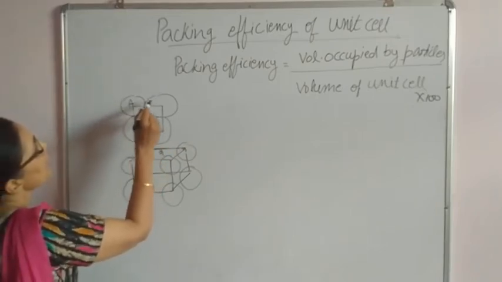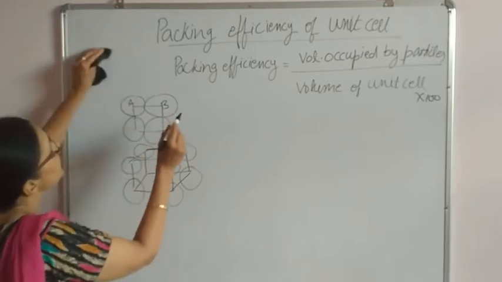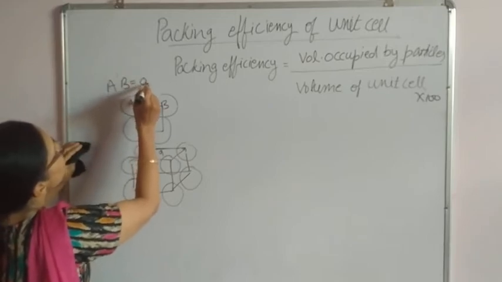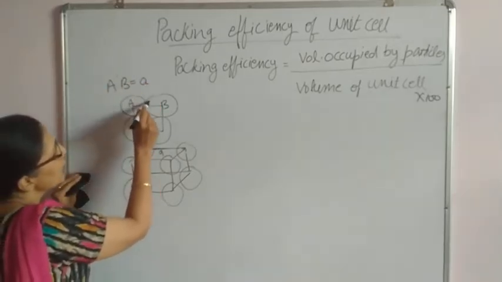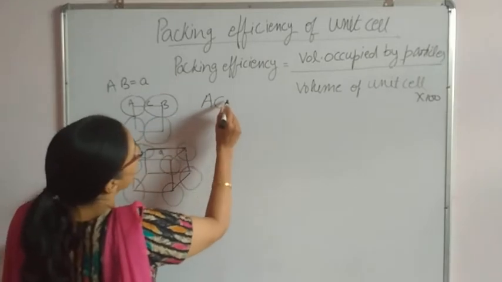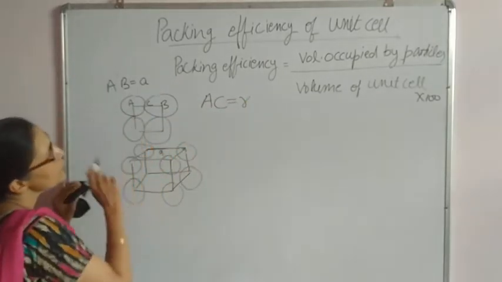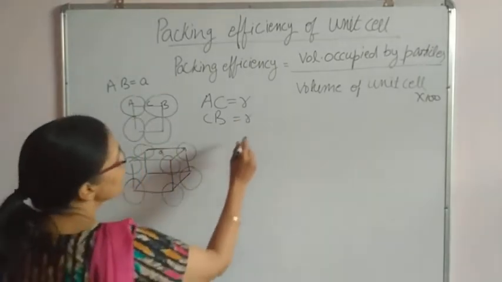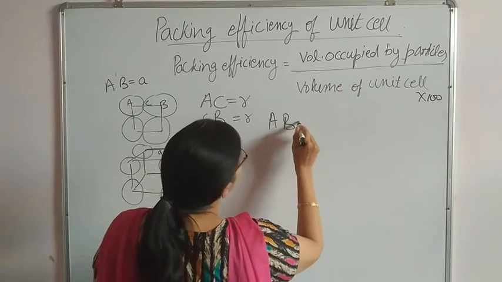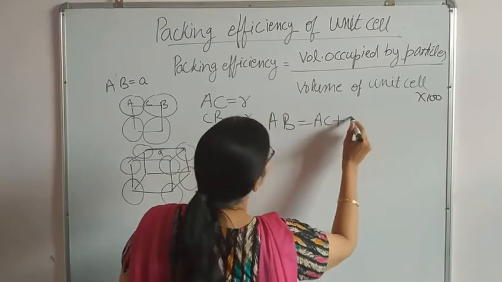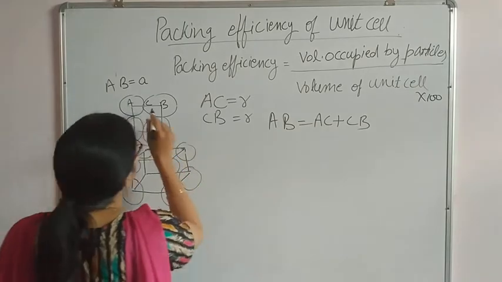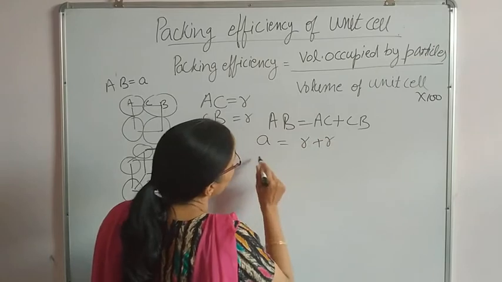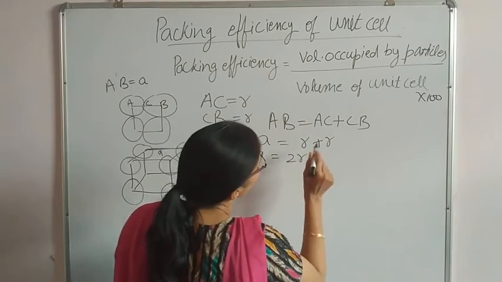So AB is equal to the edge length, always represented as small a. And AC is equal to the radius of one sphere, CB is also r. AB is equal to AC plus CB, so a is equal to r plus r. a is equal to 2r.